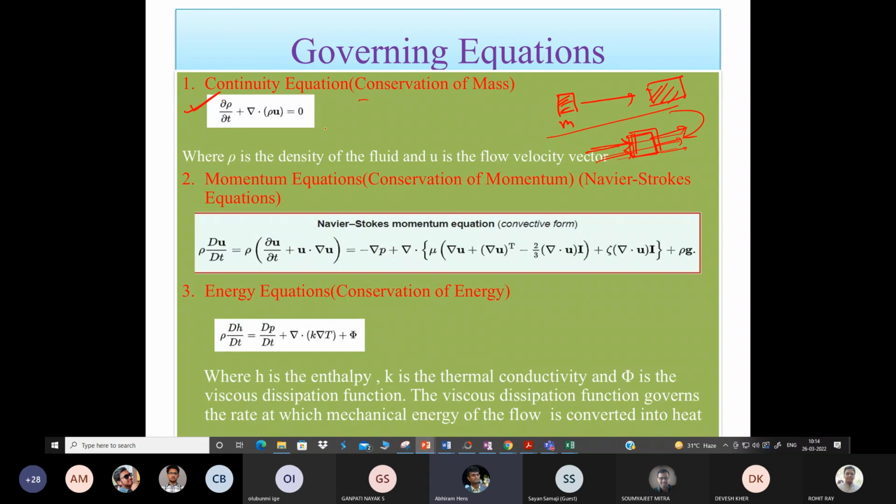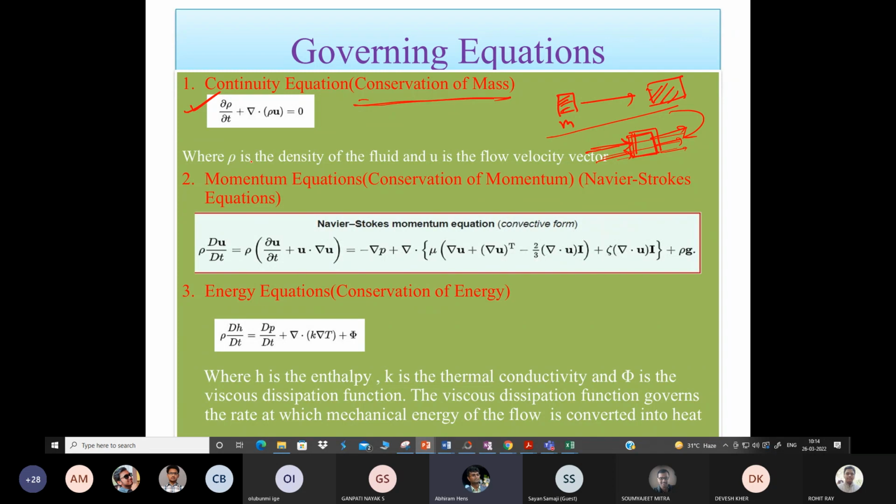This is vectorial representation, and we use this vectorial representation because it is free of any coordinate. Now, this can be expanded based on the coordinate system. It can be Cartesian coordinate, cylindrical coordinate, or spherical coordinate. Any suitable coordinate can be taken. Now, the conservation of mass principle will give you an equation which is known as the continuity equation.